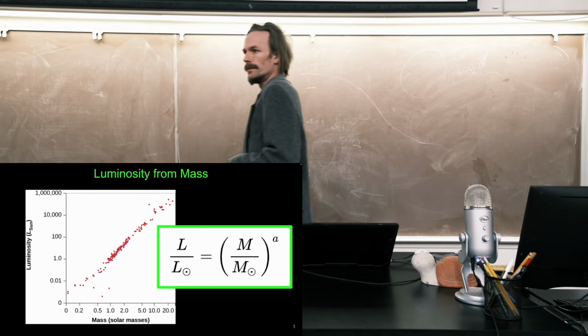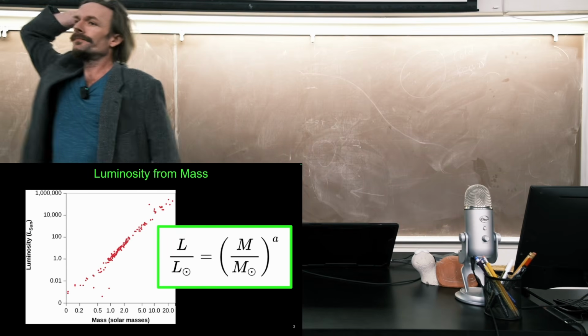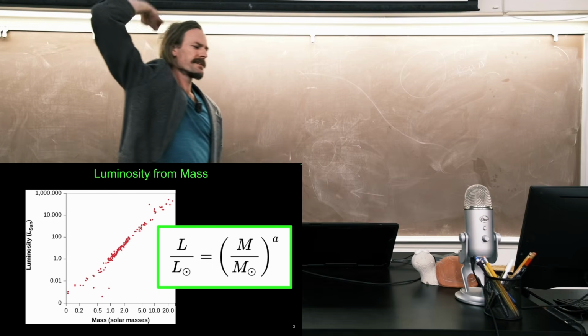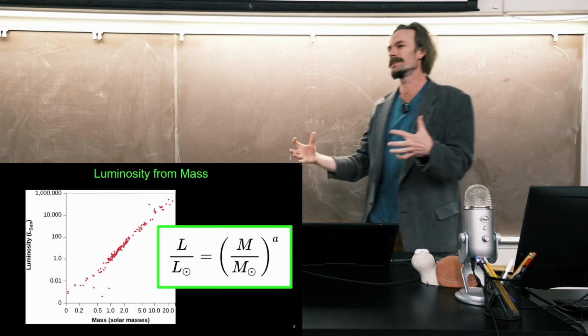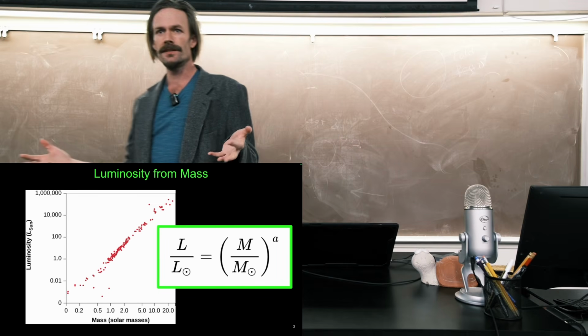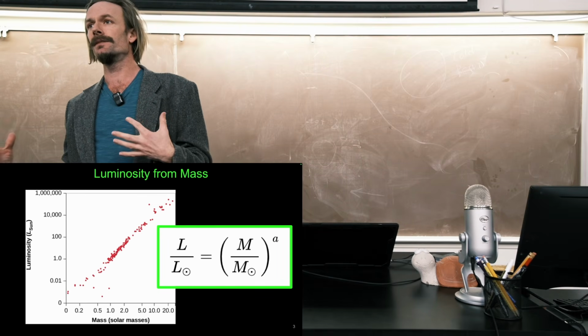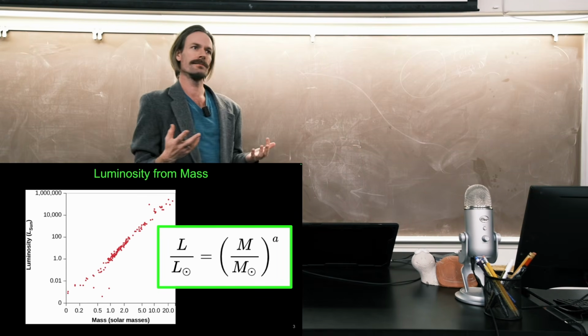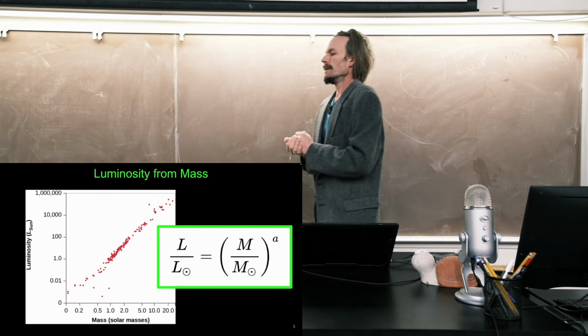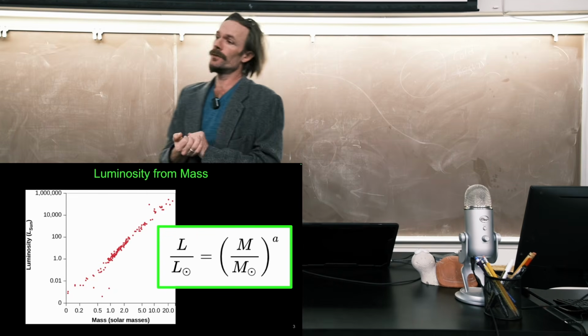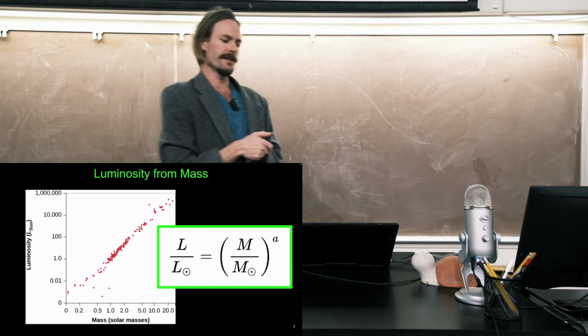So, Eddington very reasonably proposed that depending on how much stuff is there, the mass of the star, it's going to be able to do more fusion. It's going to give off more light, right? Totally reasonable idea. And so he proposes this relationship.